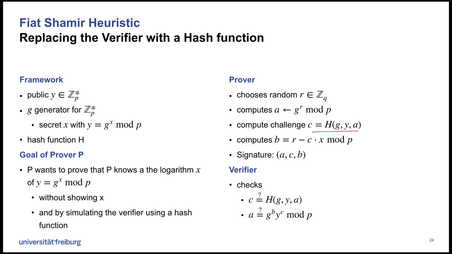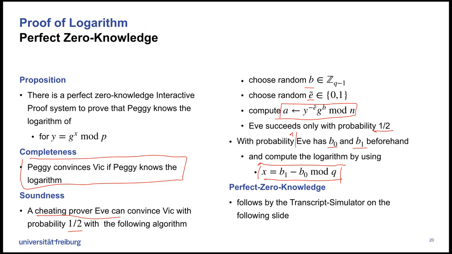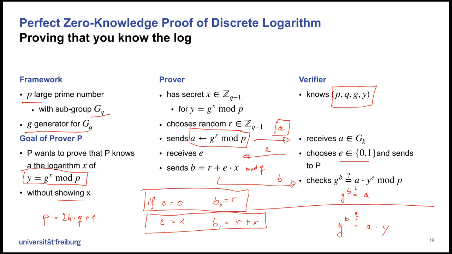Yeah, so you are 1 week ahead. Yeah, so you just invented the Fiat-Shamir heuristic. There is one, yeah, so probably you're better than you think. But this is an important point.